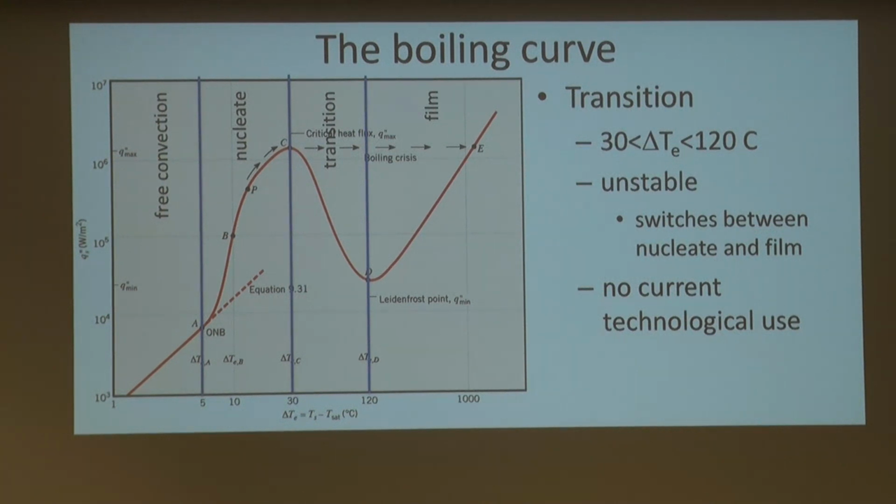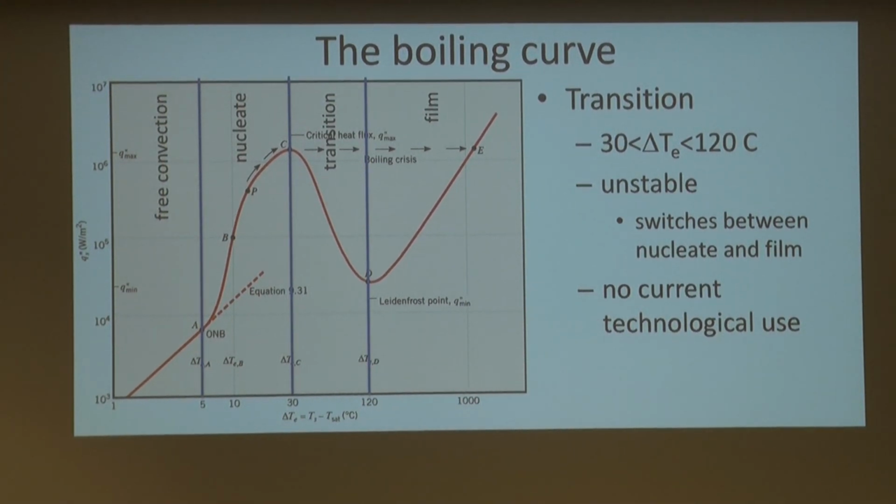So before I jump to the rightmost part, if we keep increasing the surface temperature, the excess temperature, what we see is that the heat transfer starts going down. Now, that's a cute part of the curve, whatever we like.